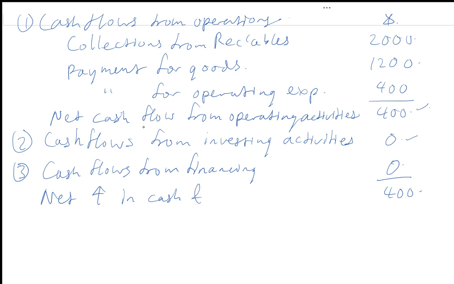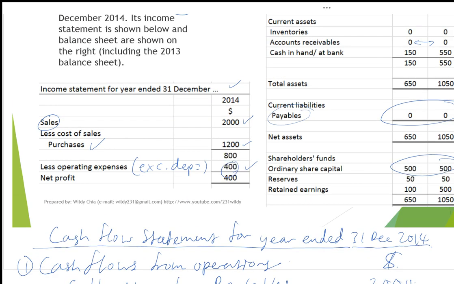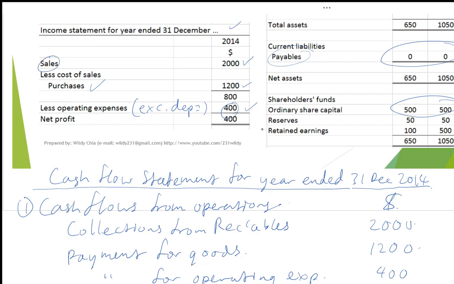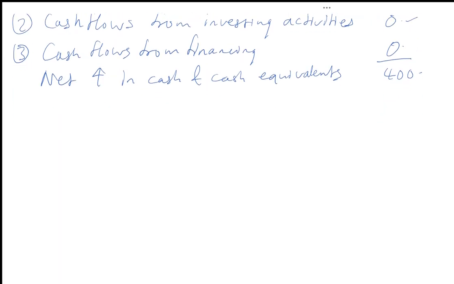Now in some textbooks you also continue to add cash equivalents. That depends on your course. Alright, so opening balance of cash. In 2013 we have a closing balance of cash of 150. So opening balance of cash gives you 150, total 550.